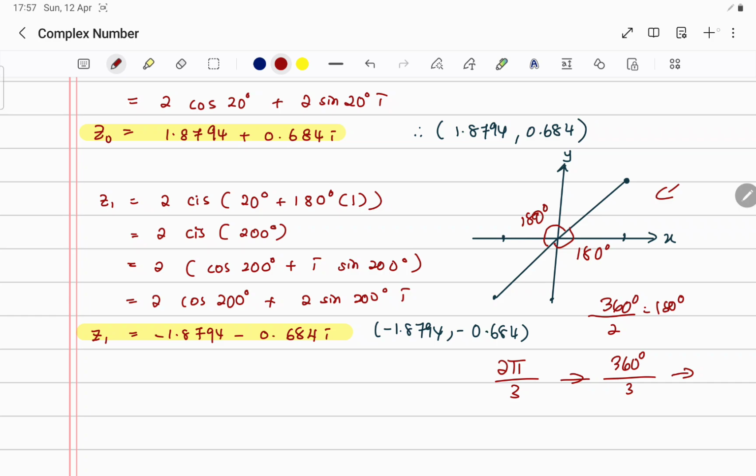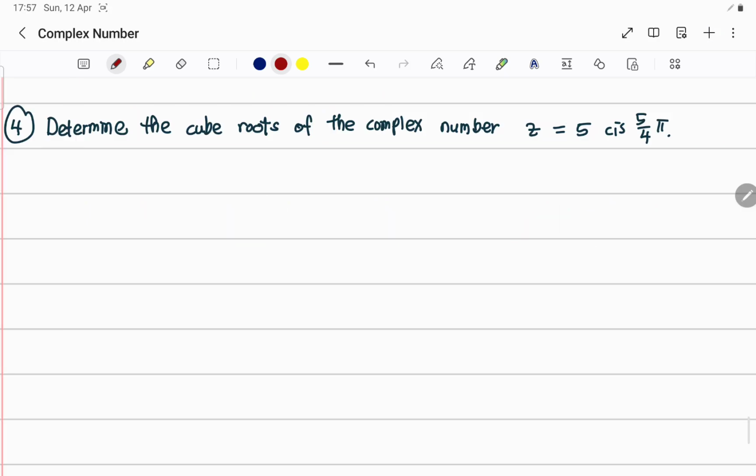Okay, alright, so we proceed to the next question. For the next question, we have to determine the cube roots of the complex number z is equal to 5 cis 5 over 4 pi. Okay, so from this, what you have to do is extract first all the information that they ask you.